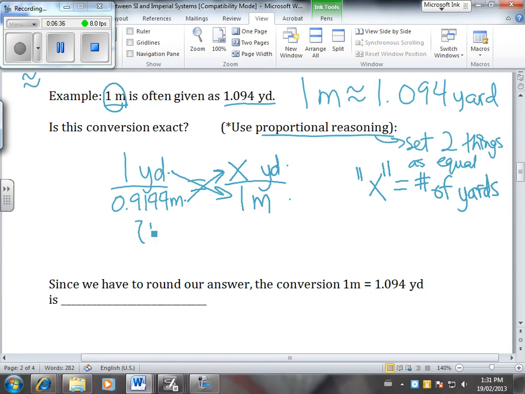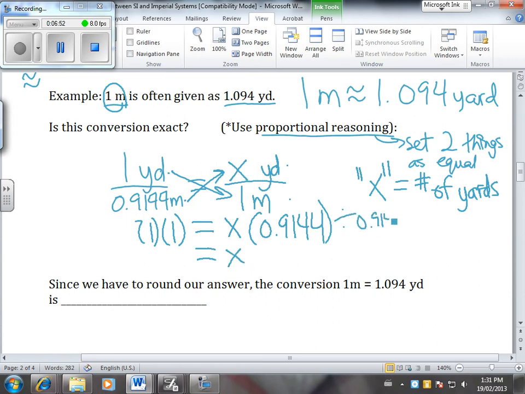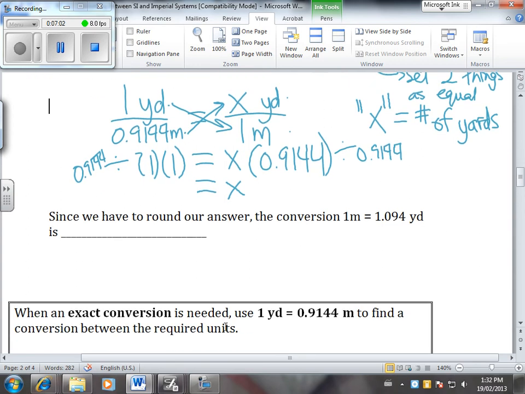Okay, so we have 1 times 1, and that equals x times 0.9144. If we divide both sides by 0.9144, we get that x equals 1.09361.